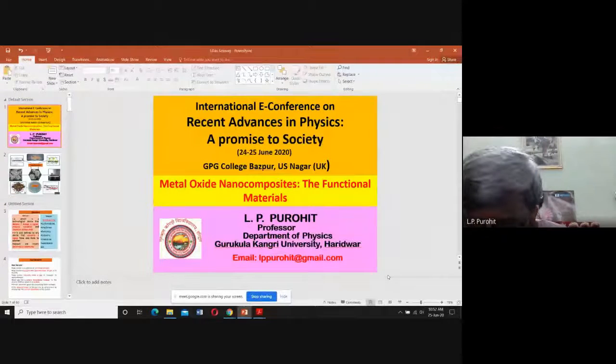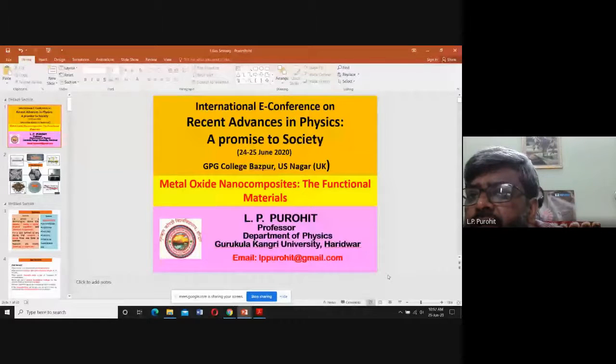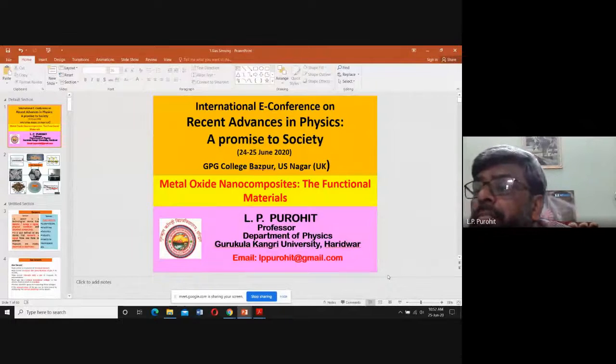Now, what is a nanocomposite? It is a combination of a matrix in which different materials are combined to have a new property, and those properties are different from the individual materials, with the condition that one of the materials has a size in the range from 1 to 100 nanometers, that we call the nanoscale range.